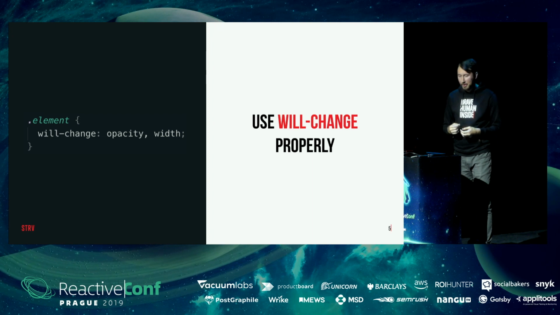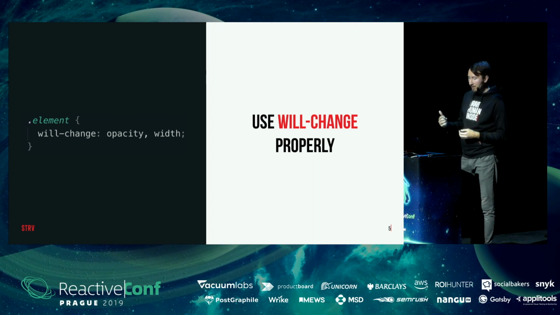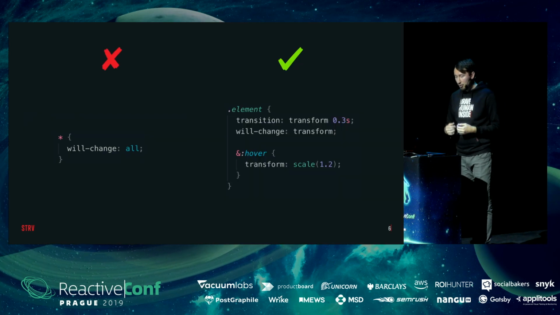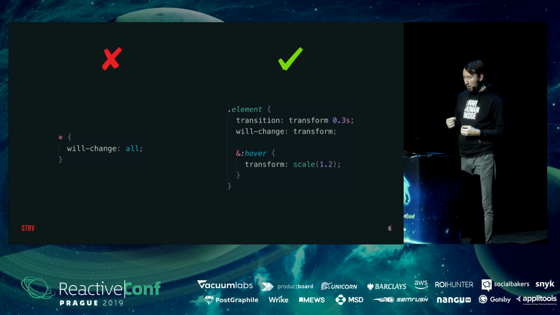However, we should be aware that as a result, the element will be promoted to a separate layer. This is a very expensive operation, so it's important to use the will-change property correctly. We should never use a wildcard selector for the elements or "all" for the value, and instead apply it only to the elements that we know will change.